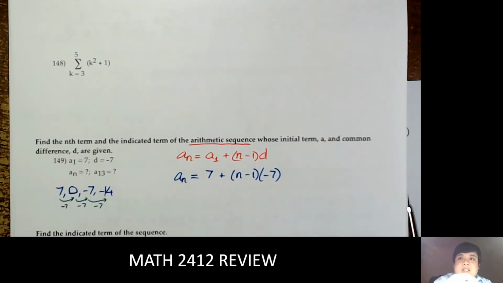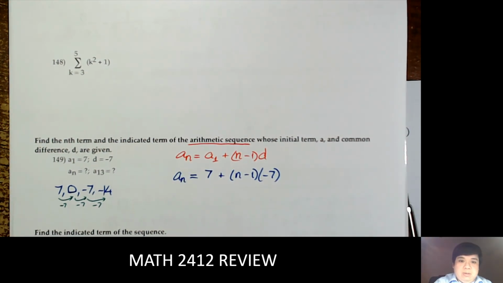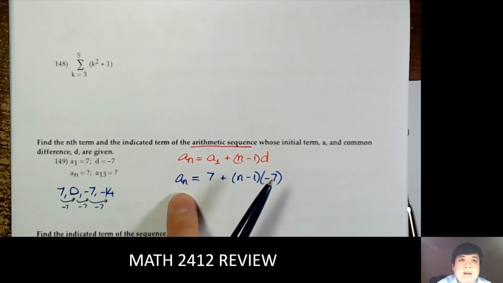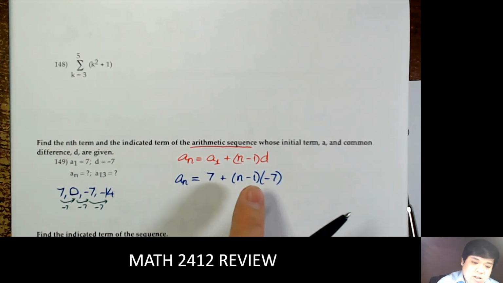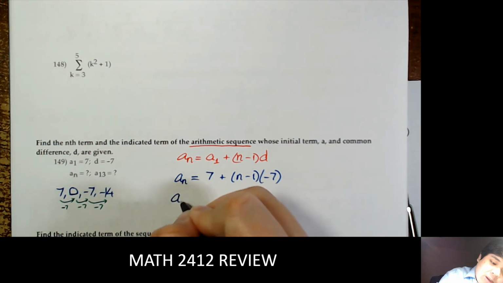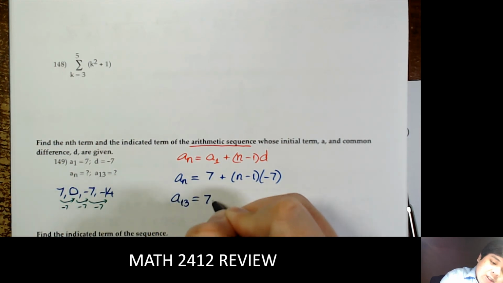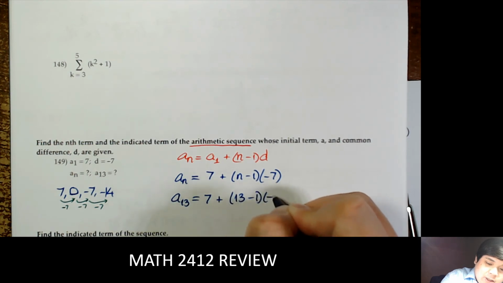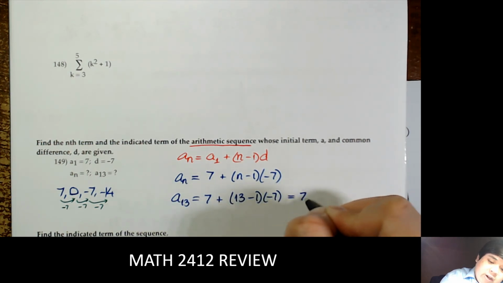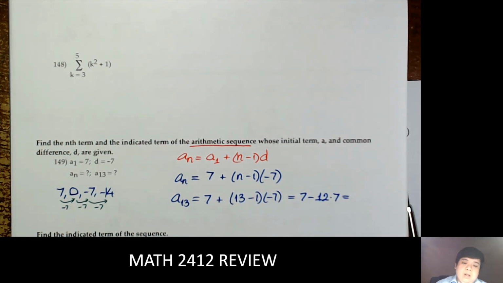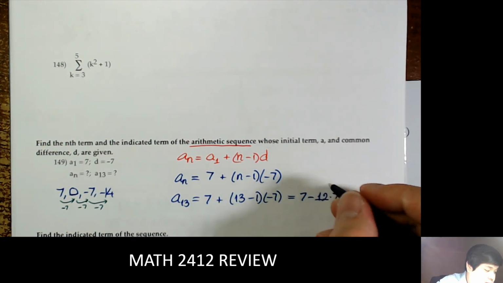So for each step, we subtract 7, and then we just do that. To get to n, we need to take n minus 1 steps. So now if we have 13, just put 13 in for n. So 7 minus 12 times 7. So negative 77.